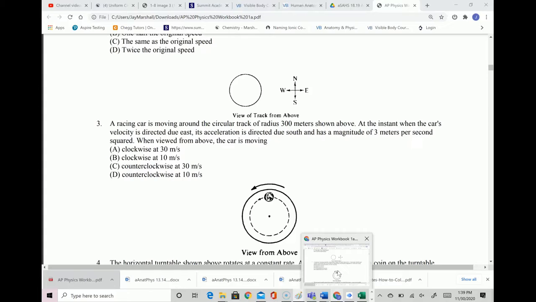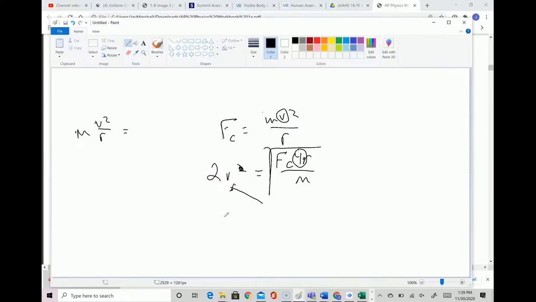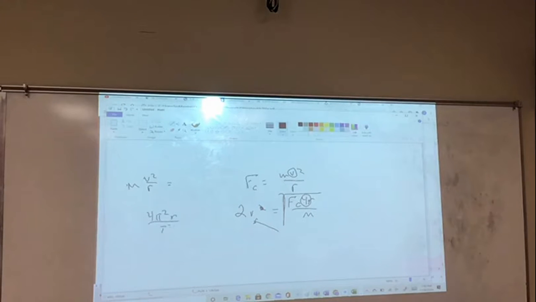How am I going to figure out how fast it's going, or what its acceleration is? You plug in the 4 pi squared r over T. To what? How's that going to help me?